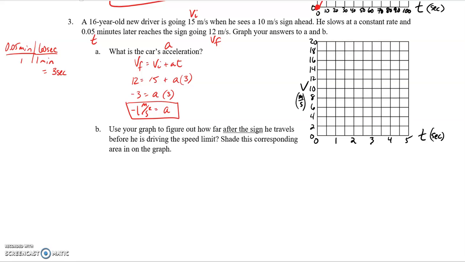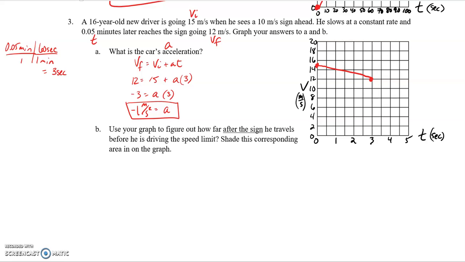Yes, because our car was going 15 meters per second, and it slows down to 12, so it has a negative acceleration. So on our graph, we start out at 15 meters per second, and 3 seconds later, we're going 12 meters per second. So there's the first part of the graph.